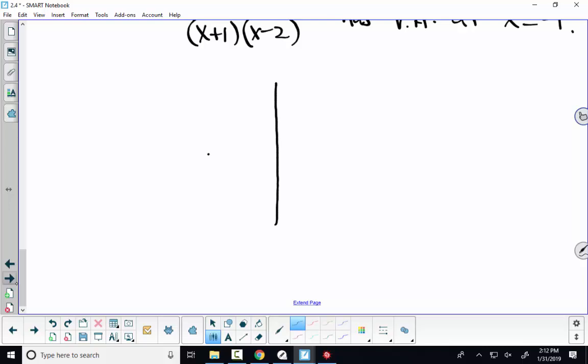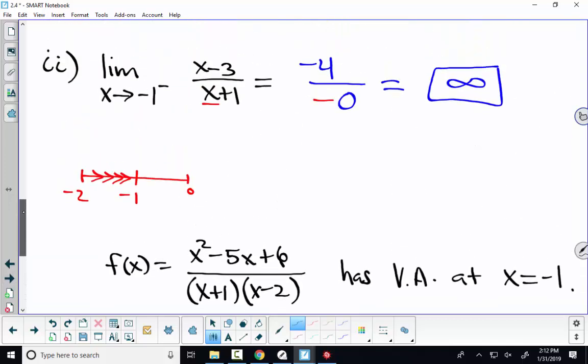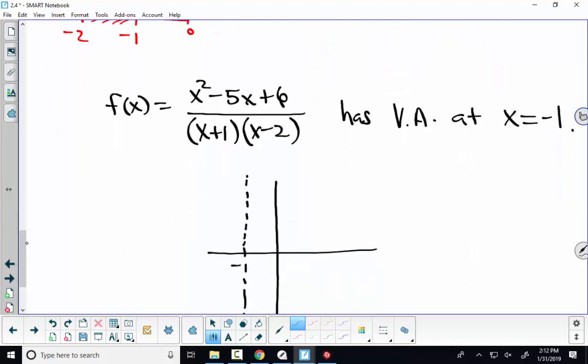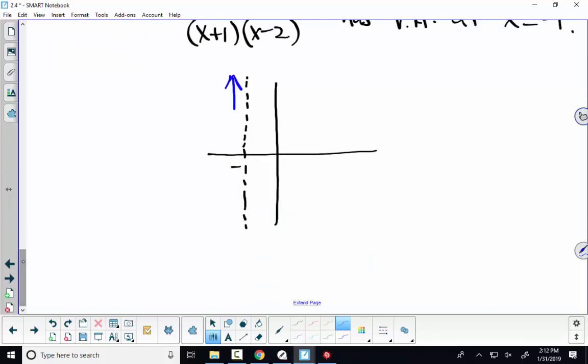So based on that limit work, we know at -1 is an asymptote. As we approach -1 from the left, the function values approach positive infinity. And as we approach -1 from the right, the function values approach negative infinity. So from this side.